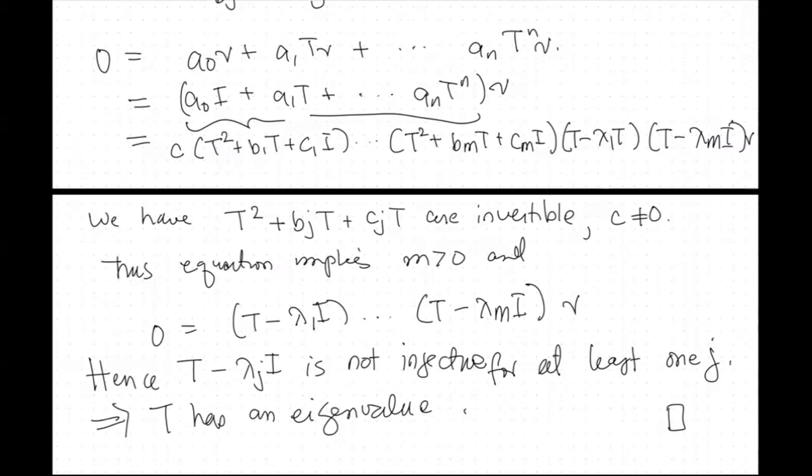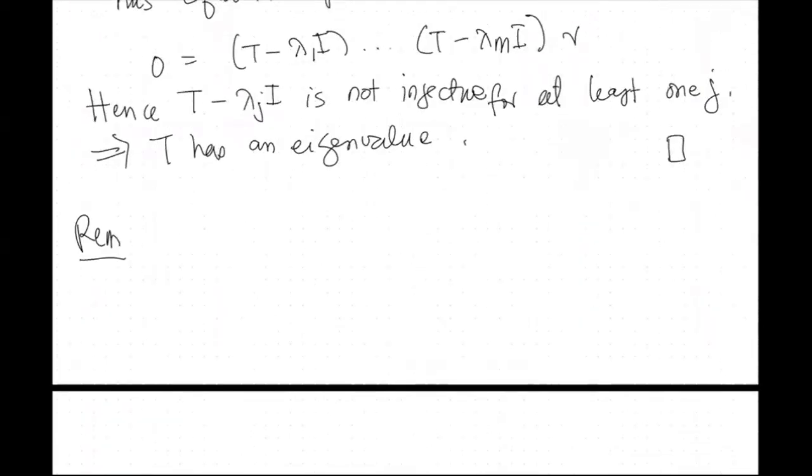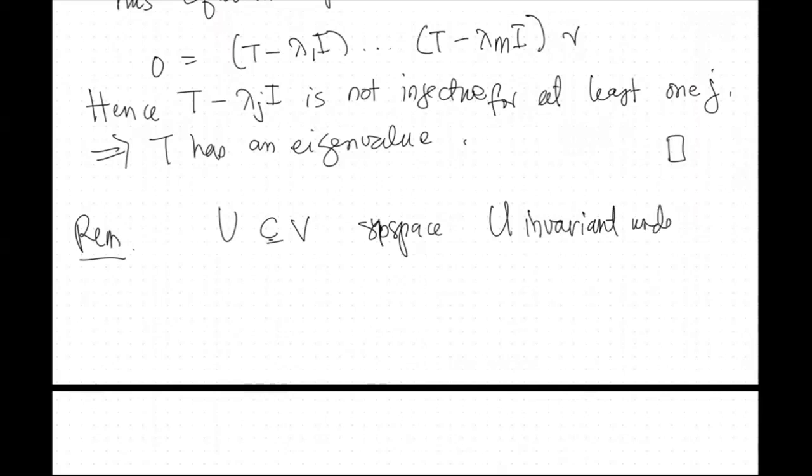The next result is preliminary to the main result for this meeting. Let me say this as a remark. So if U is a subspace of V, and U invariant under T, then U is invariant under T2.